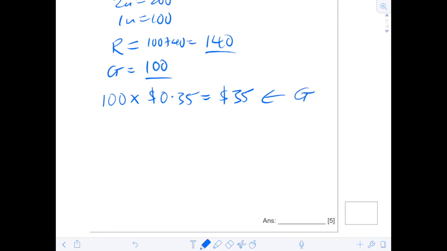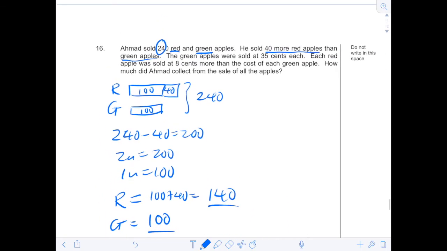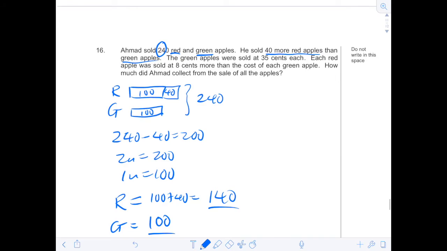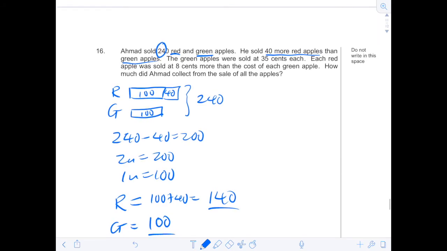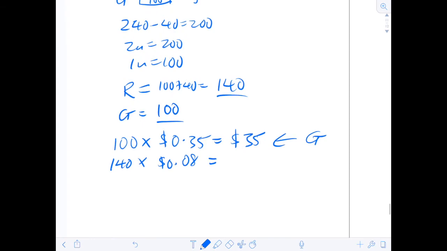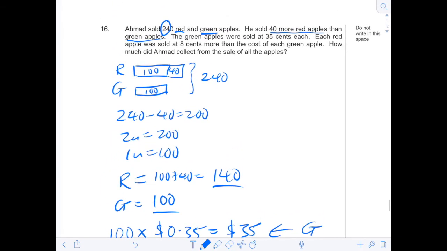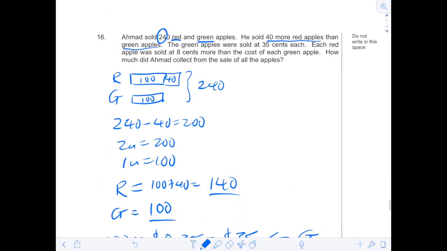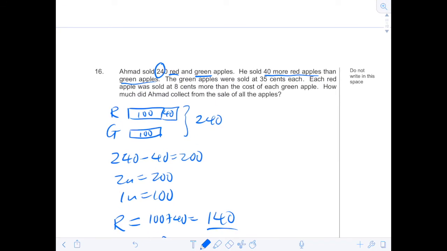Okay, so now we're doing the sales from red. We just need to take the 140, multiply by 8 cents. Each red apple was sold at 8 cents more than the cost of each green apple.